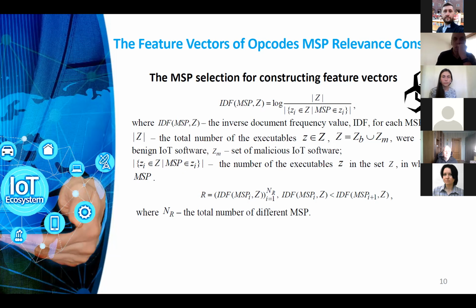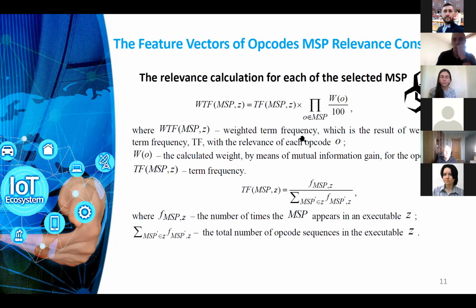To determine the order of maximal sequential patterns of codes in the feature vectors, they are sorted by ascending values of inverse document frequency. To assess the relevance of maximal sequential patterns of codes, for each such pattern the weighted term frequency is calculated as follows.